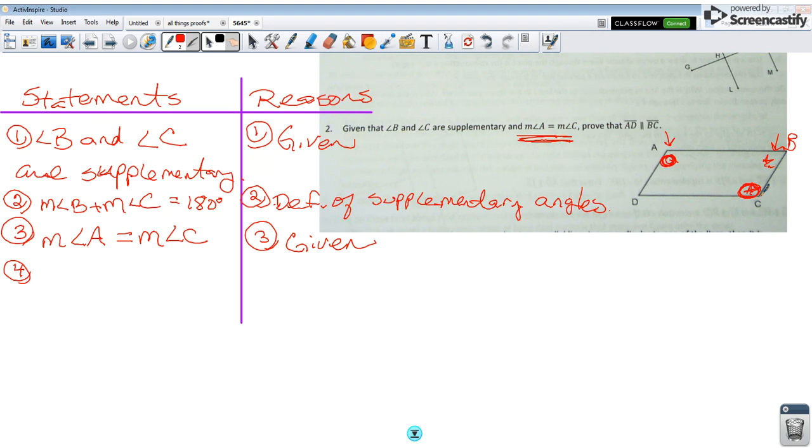Or, I can't say that yet. I can only say that these consecutive angles are supplementary if they were on parallel lines, and we haven't proven that they're parallel yet.